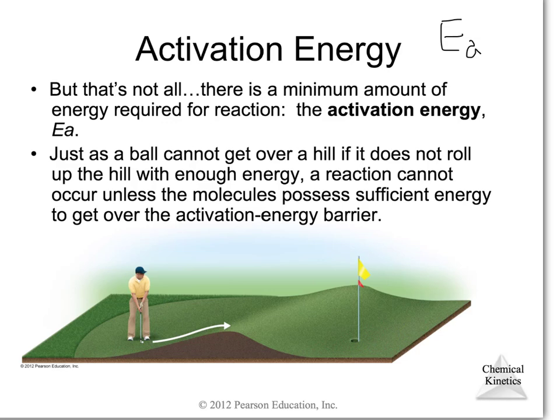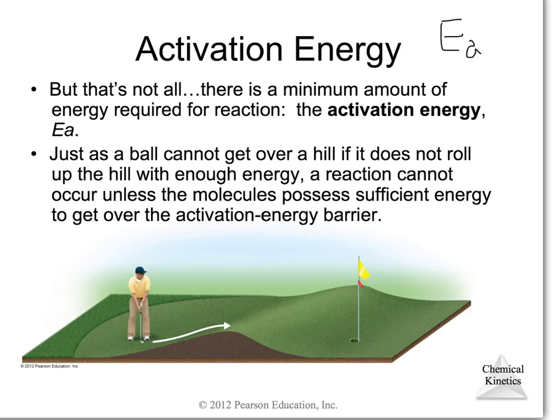Now, the person that's most responsible for activation energy is some guy that we talked about last year with acids and bases, and that's Arrhenius. Arrhenius said that molecules needed a certain amount of energy to react. So ultimately, we're thinking, or I should say he was thinking at the time, where does this energy come from?